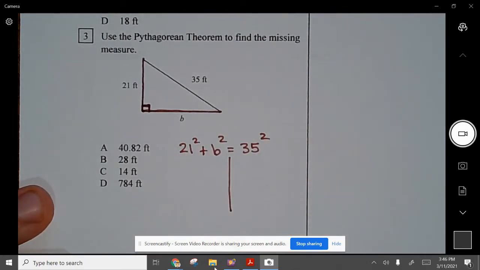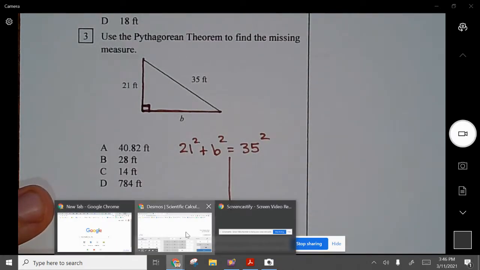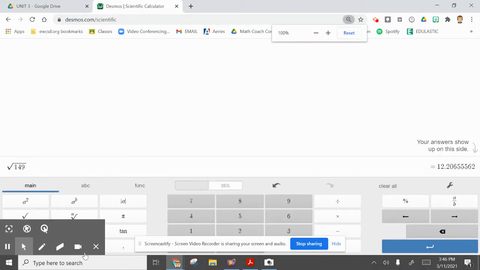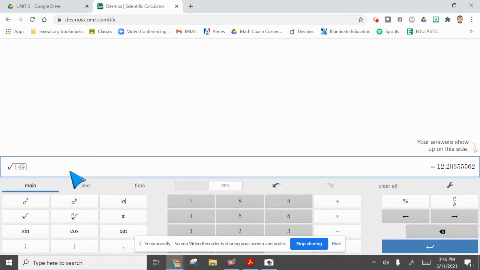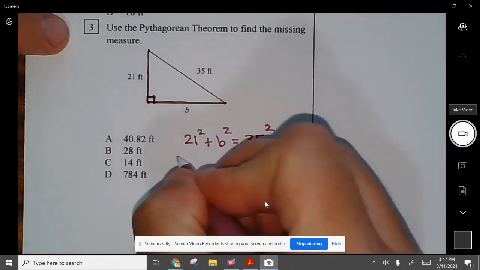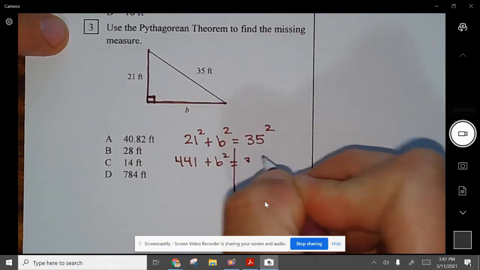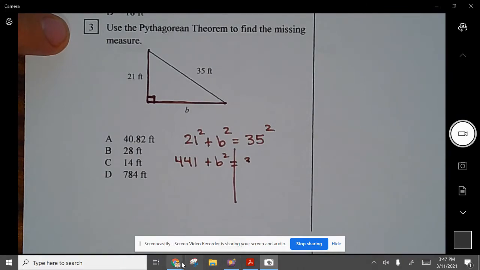Then, actually, I'll help you with this step. So it's going to be 21 squared. I'm going to hit this button. And that's going to be 441. So I'm going to write that down. 441 plus b squared equals, oops, I didn't want to write anything down yet on that one.